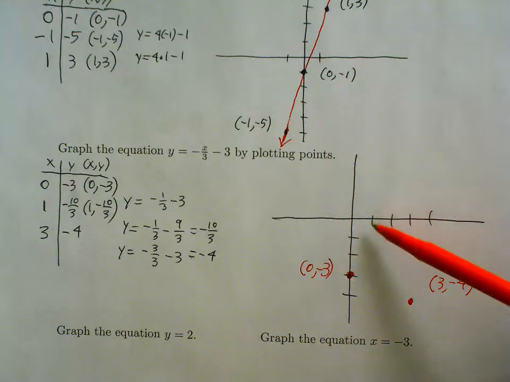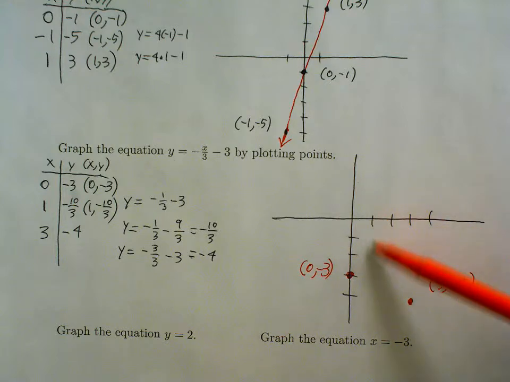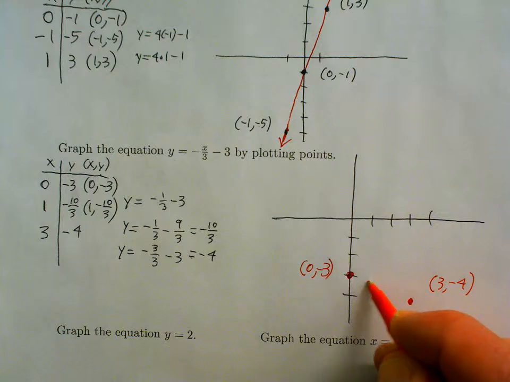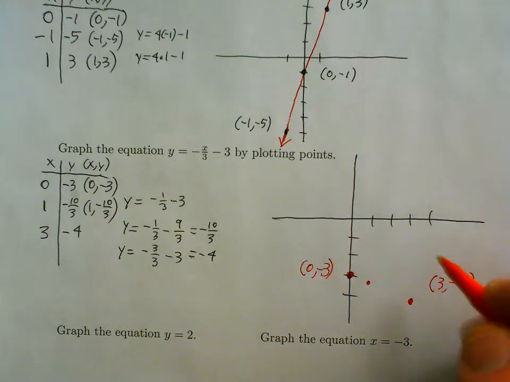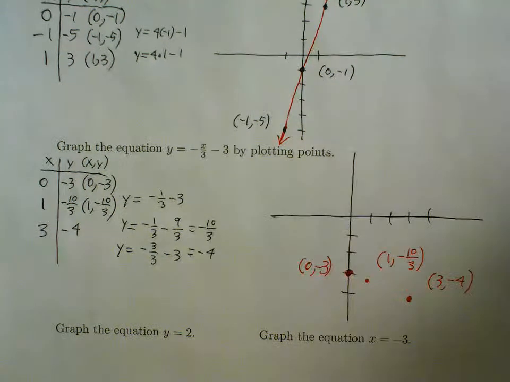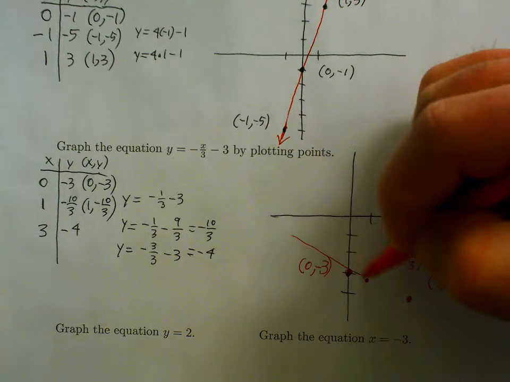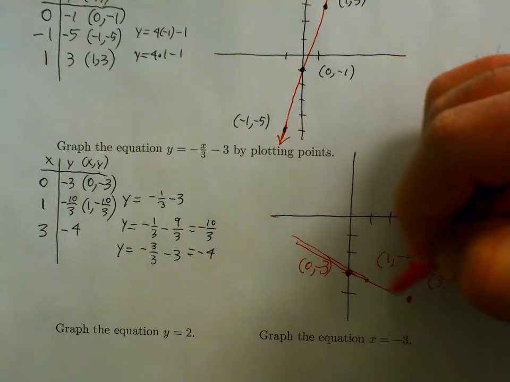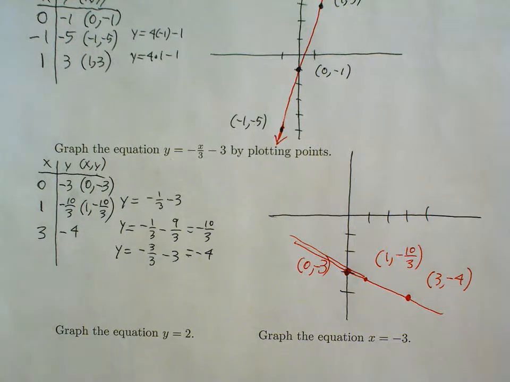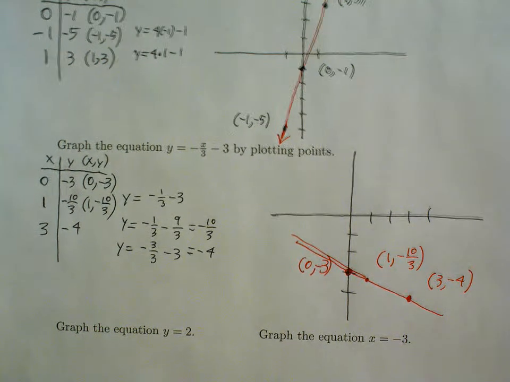So 1 and negative 10/3, or negative 3 1/3, is about right there. So we get a straight line.